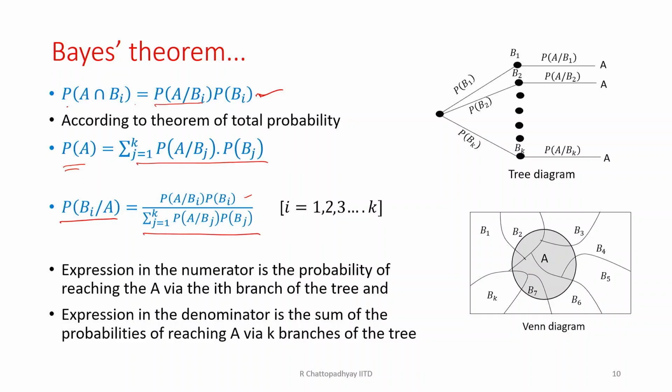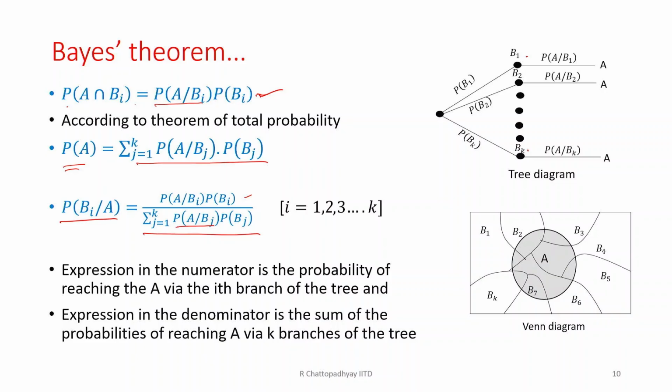The denominator is the total probability of A, which is the sum of the individual probabilities that we have already discussed earlier. That is the sum of P(A given Bj) into P(Bj), with j varying from 1 to k.